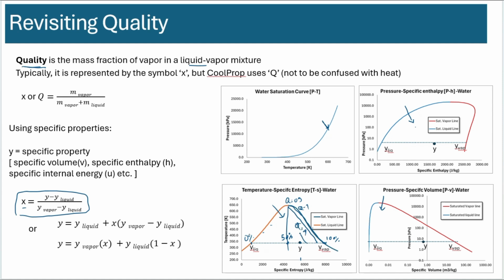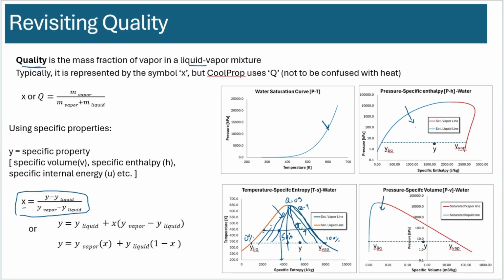So that's how several of these lines would look like for quality. So anywhere in here, you can calculate what is the mixture ratio or the quality if you know the exact temperature and the corresponding value of the specific property of the mixture at that location.